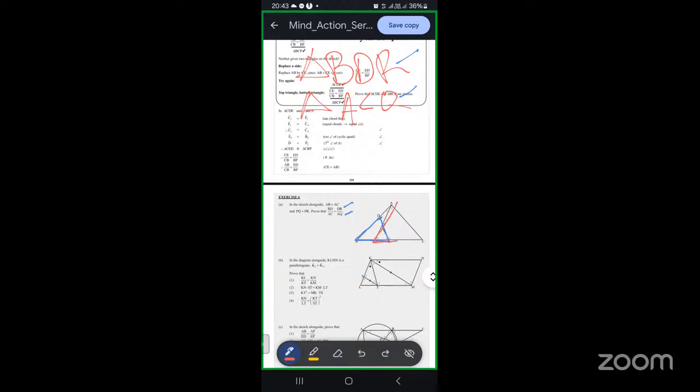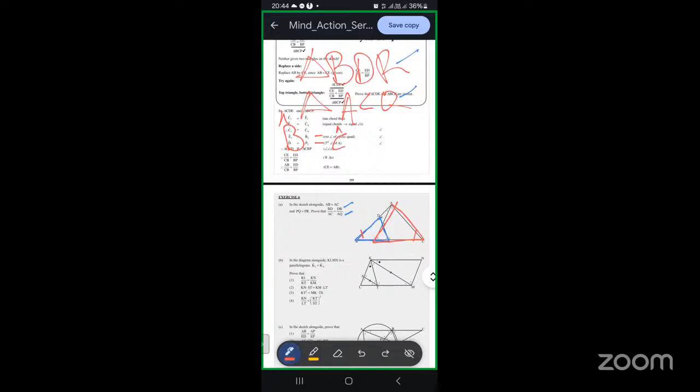ACQ is this triangle. So we go for this angle B is equal to angle C. Oh, C, not B, is equal to angle C.